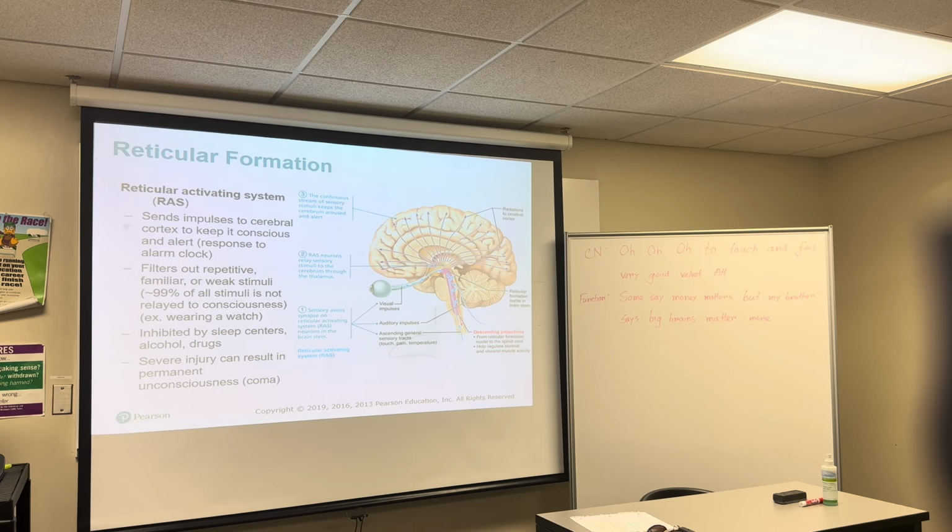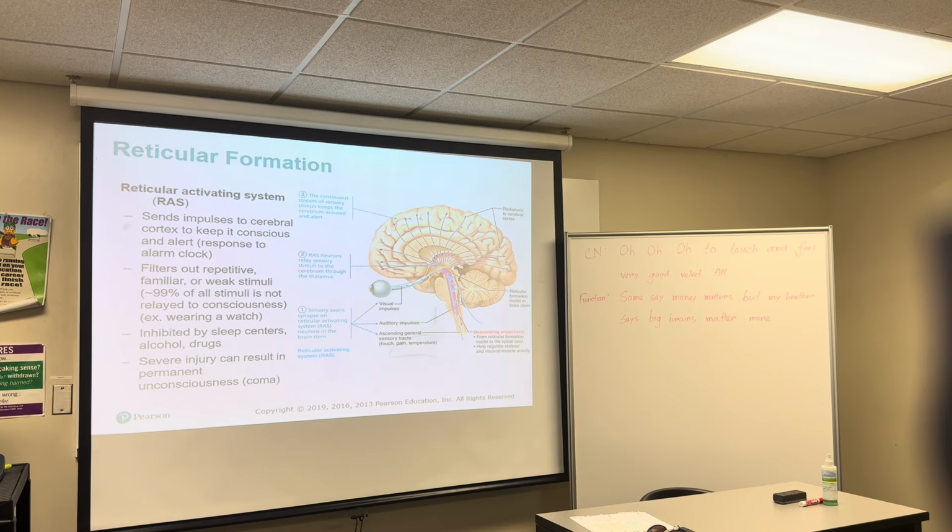Okay, so now let's talk about the reticular formation. It sends impulses to the cerebral cortex to keep it conscious and alert. That is why when you are sleeping and the alarm clock rings, you can wake up and turn it off, because of the reticular formation.